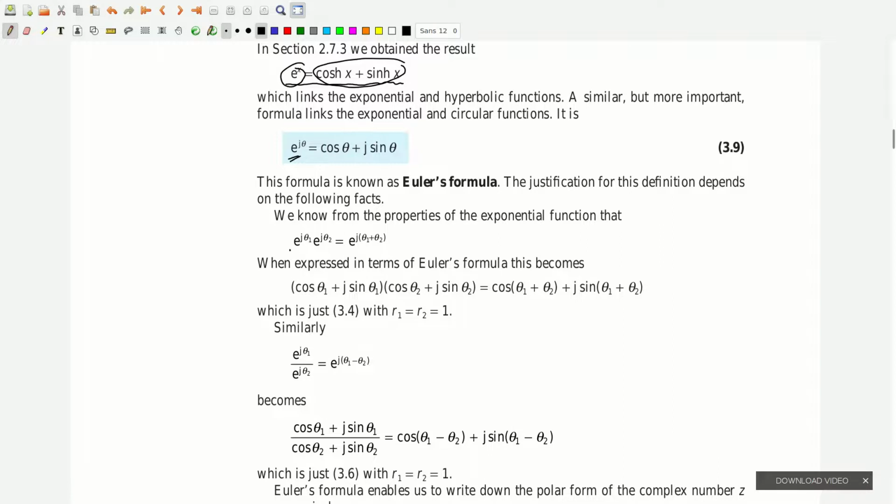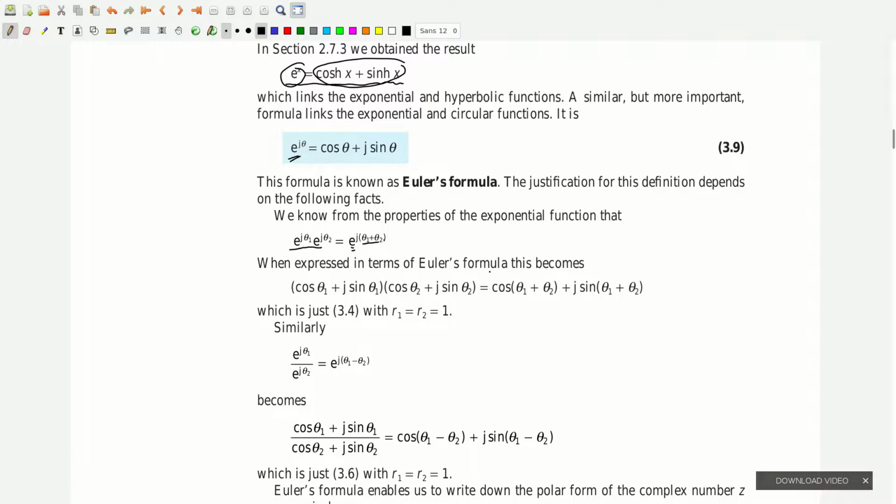We know that e to the j theta 1 times e to the j theta 2, we retain the base and add the powers.